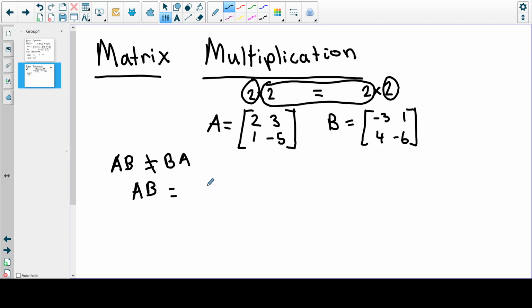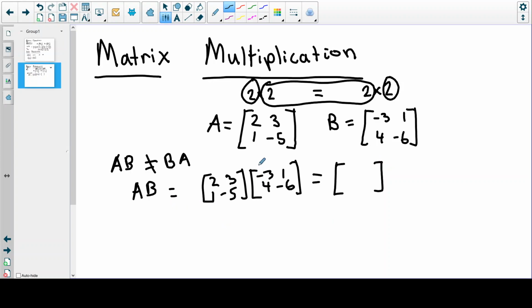Let's draw it out here: 2, 3, 1, negative 5 times negative 3, 4, 1, negative 6. And it's going to equal 2 by 2. So that's what we said originally.